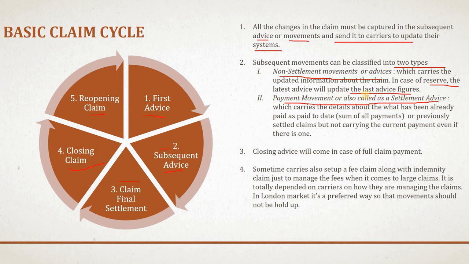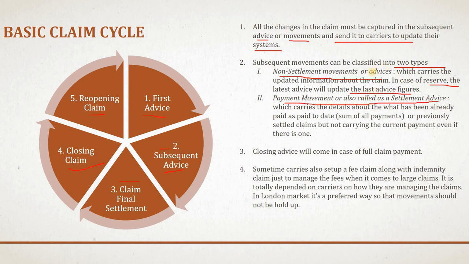Basically, every time we get a subsequent SCM advice or subsequent movement, it will update the last movement. Say, for example, last time the reserve was 50,000 pounds, and in the current movement it reduced to 25,000 pounds, then the 25,000 pounds will be updated as the latest position in the claim.